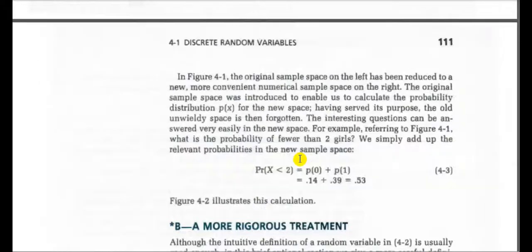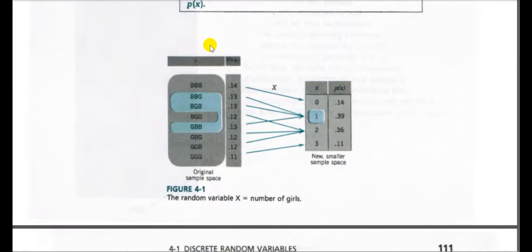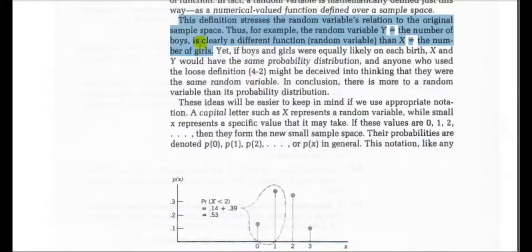We'd get the same set of numbers for boys as for girls. Anyone who used the loose definition 4.2 might be deceived into thinking that they were the same random variable. In conclusion, there is more to a random variable than its probability distribution.